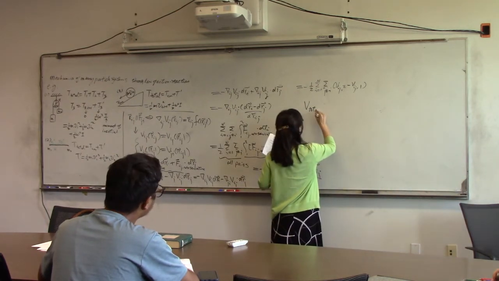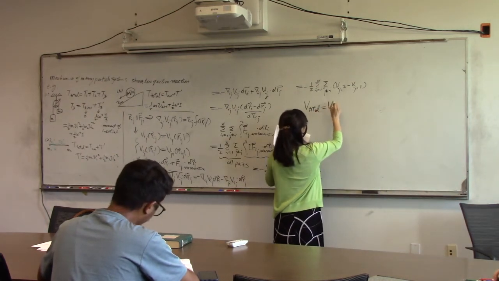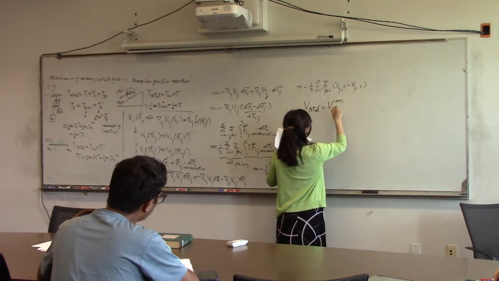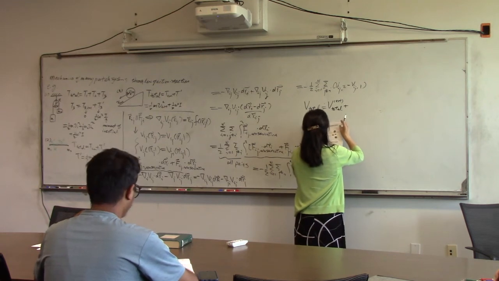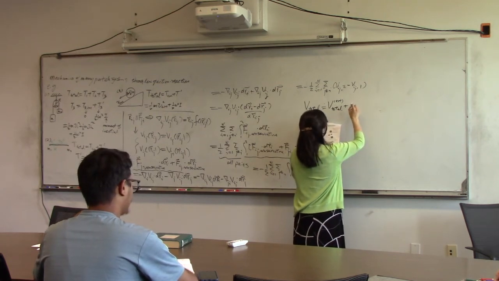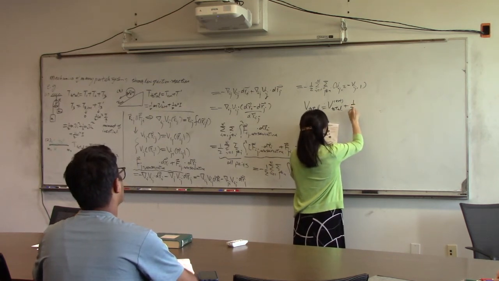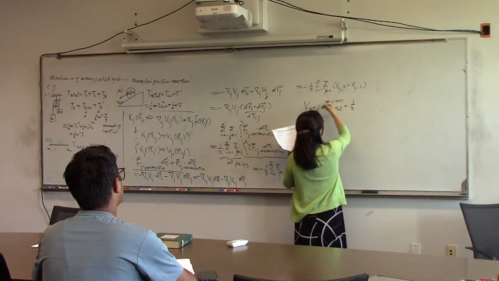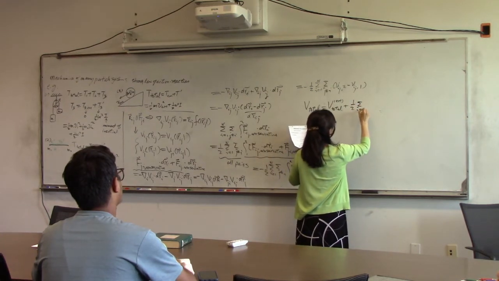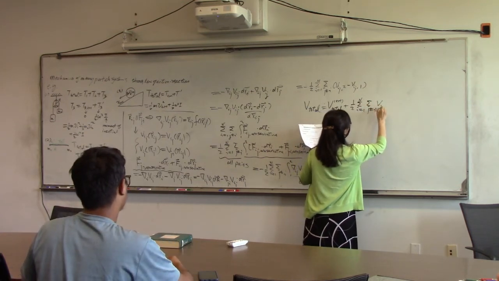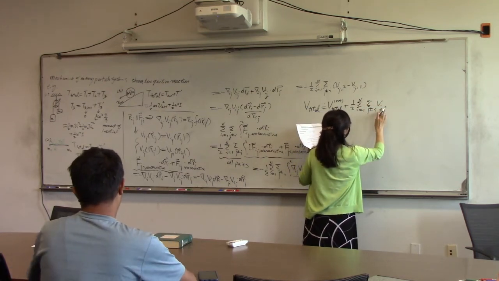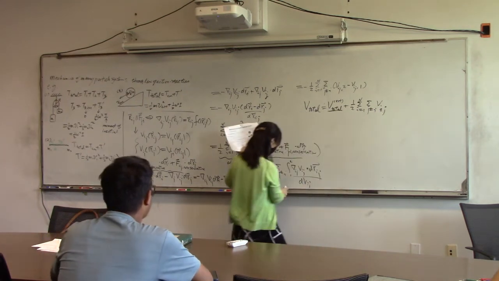So that should be the total external potential energy plus the internal, right? So internal, I just write down this because we cannot use one symbol here. Vig. And this one, I will erase here.